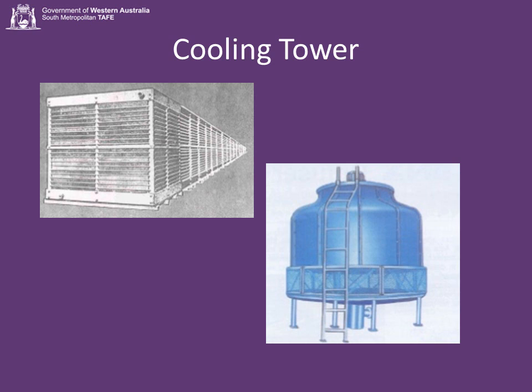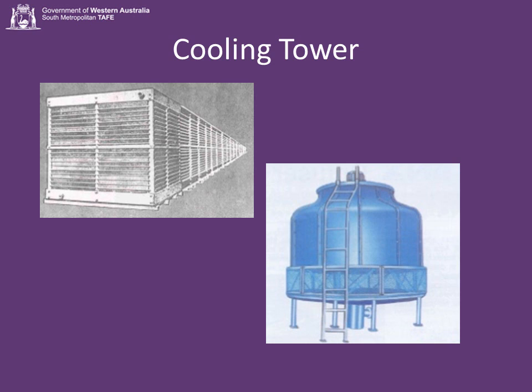Alright, now, if we're going to be using refrigerative cooling, then what a refrigerative cooler is, it's basically a heat pump. It removes heat from one place and delivers it somewhere else. One place where we deliver that heat is a thing called the cooling tower. A cooling tower generally sits on the roof of a building.